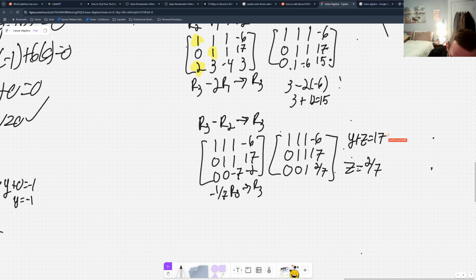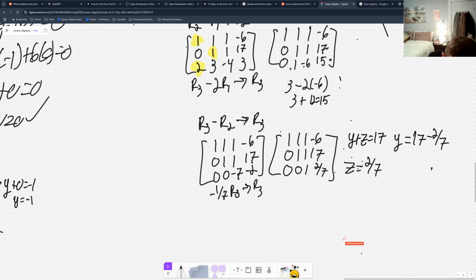So that would mean y equals, gosh, I don't know what 17 times 7 is. I'm very suspicious. Let's just do 17 minus 2 over 7.